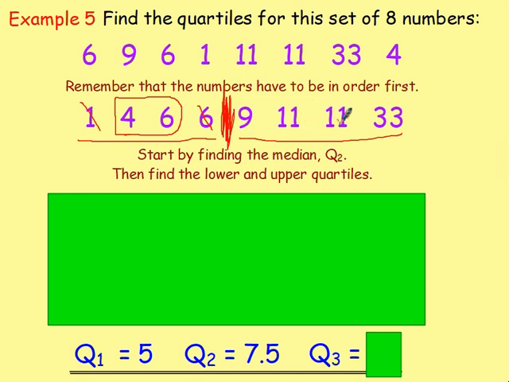Cross off 1 from the left and 1 from the right. And you can see we've got the 2 numbers in the middle. I know, you're already an expert. The number between 11 and 11 is just 11. So 11 would be that value of Q3. It would be the same whether it was Q1 or Q2 or whichever position it is in, but here's the upper quartile, so that is Q3.